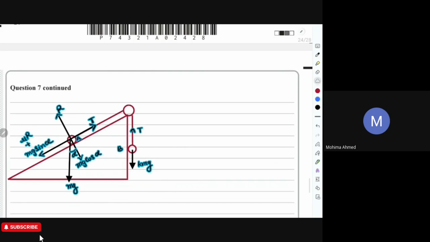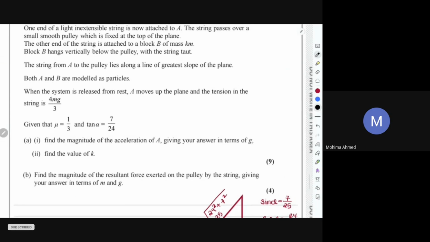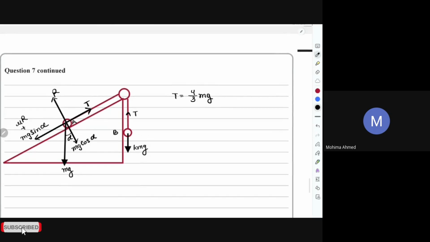So if these are all the forces, then what are the values? T has a value of 4 by 3 mg. Then mg sine alpha, sine alpha has a value of 7 over 25, and cos alpha has a value of 24 over 25. So I have to first find the vertical component.